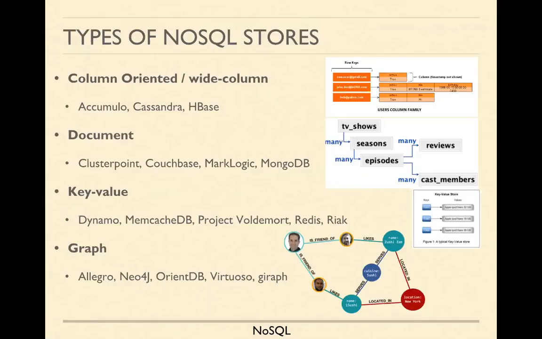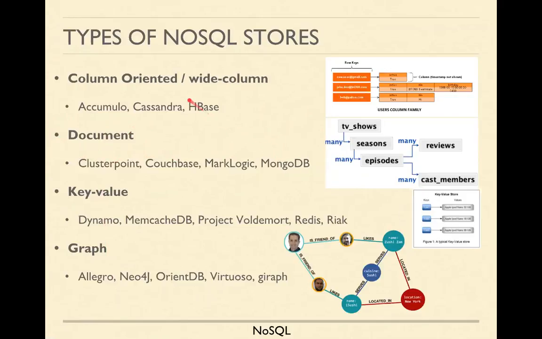Second one is the document kind of databases, where we have complex objects as individual rows. So every table is a collection of documents and every document is a complex object.